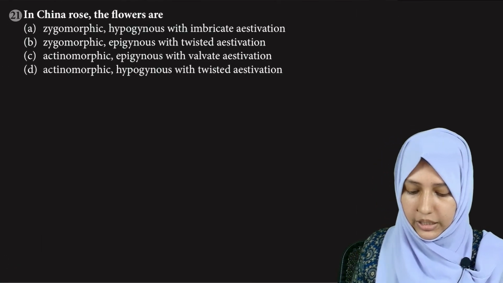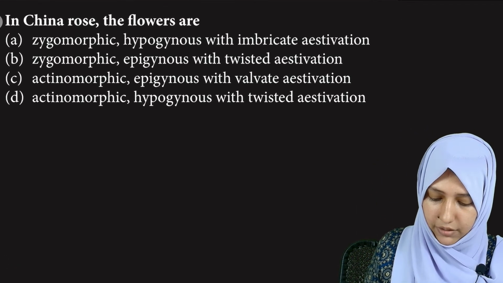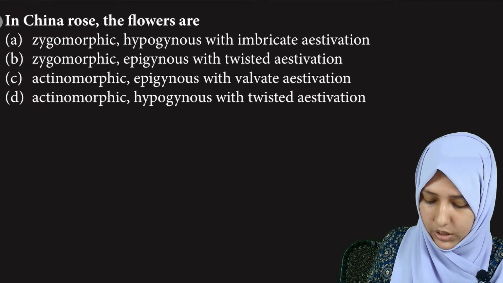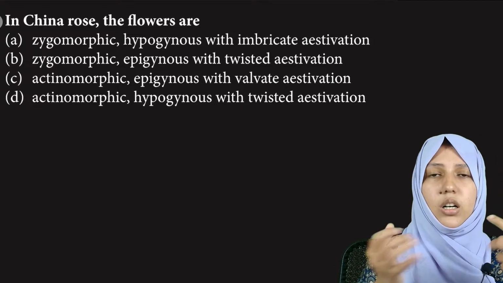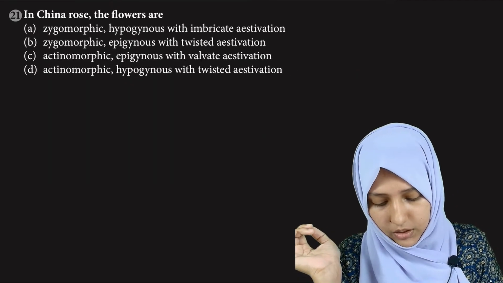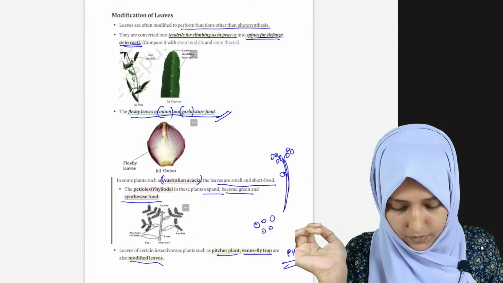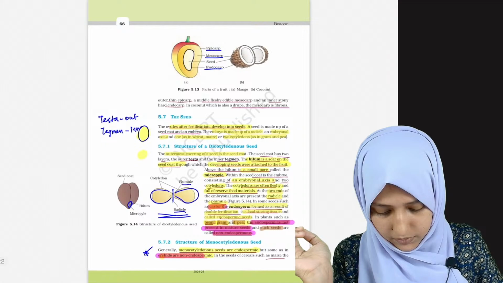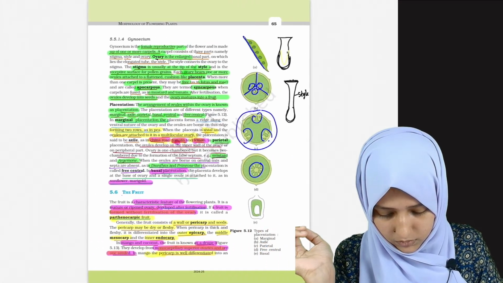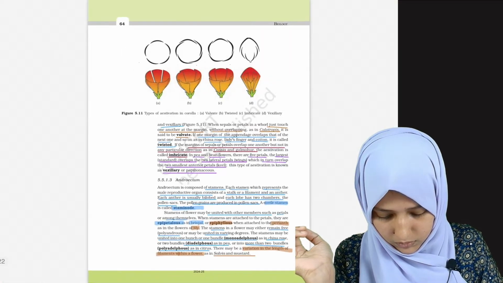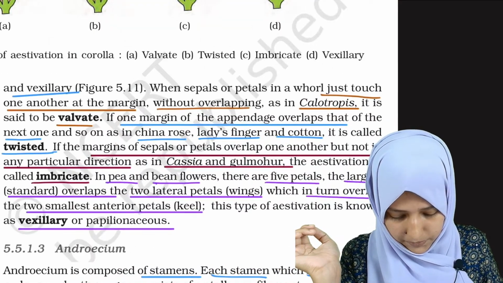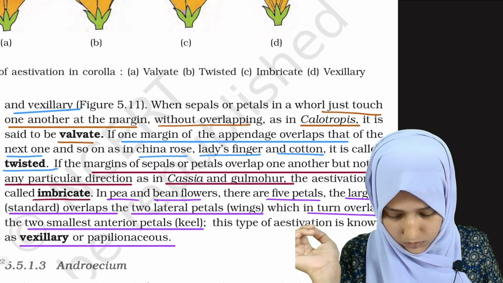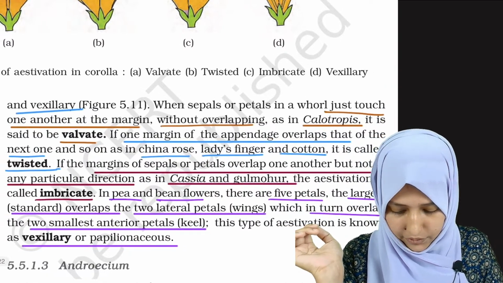So the next one, in China rose the flowers are having valvate aestivation. Okay, in China rose it was valvate.